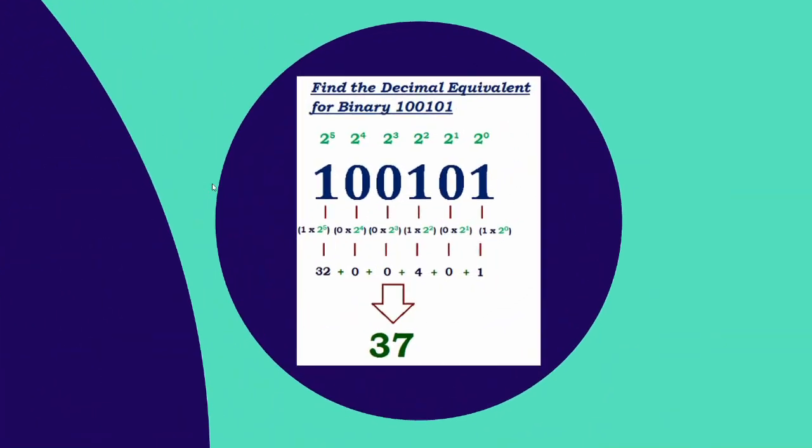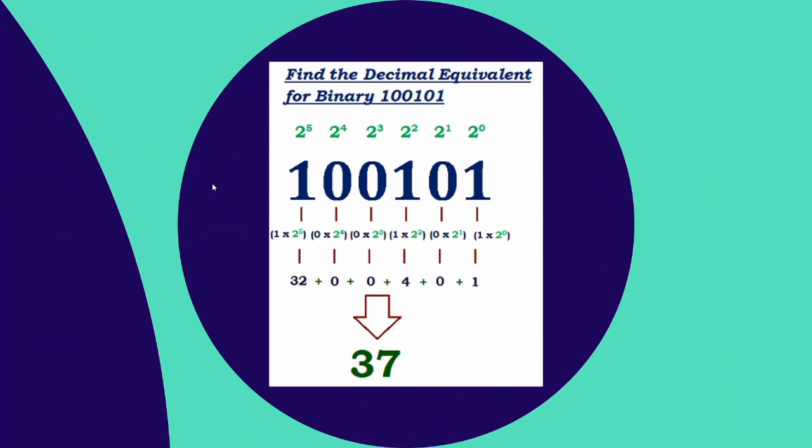So let's try to convert a binary number into a decimal number. When dealing with binary numbers, think of them as bits of data. So in this example, you have 6 bits of data, and wherever you see 1, that means you're turning on that button, and each button represents a number that is equal to 2 to the power of the number of bits minus 1.